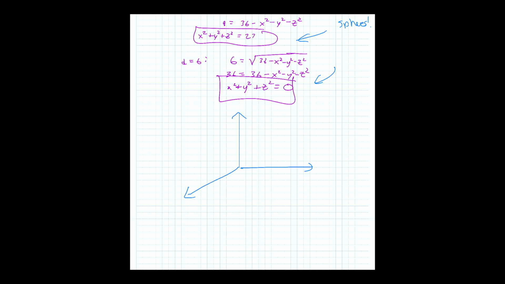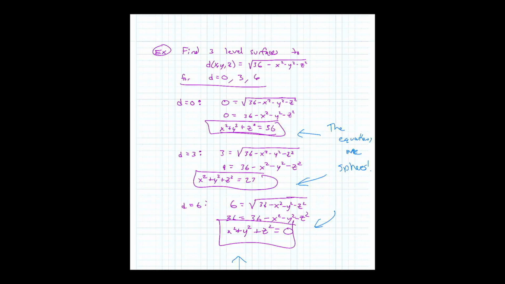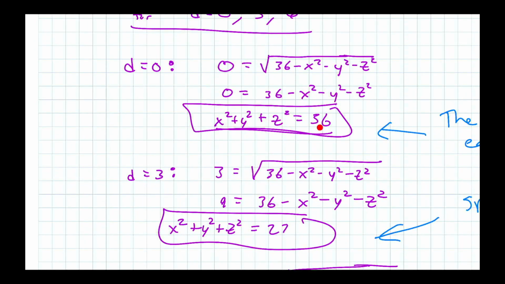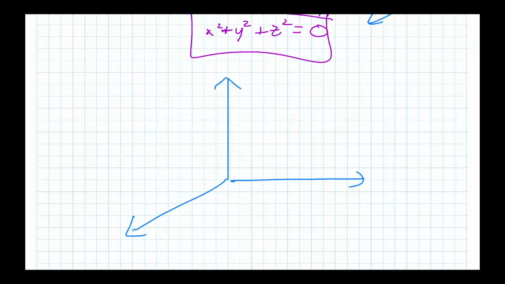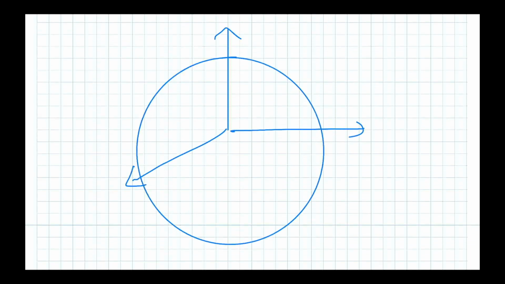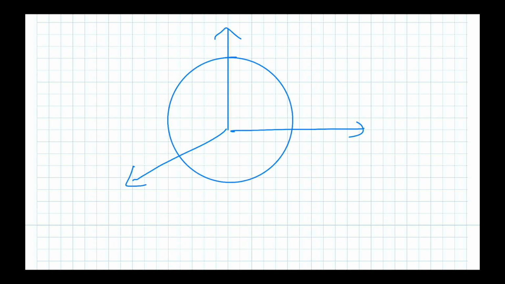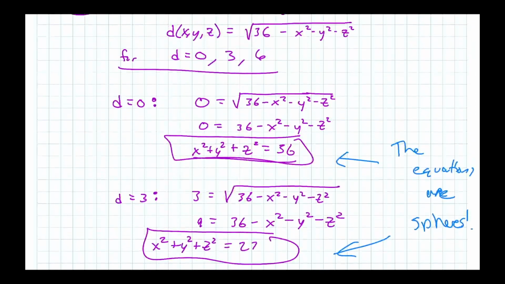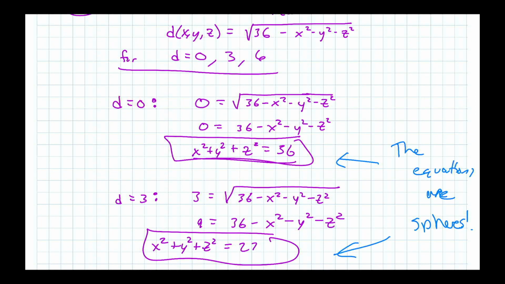So what we have is actually a sphere with a radius 6. So if you go to plot that, you get a 3D plot. That's the circle with radius 6, which came from where d equals 0.